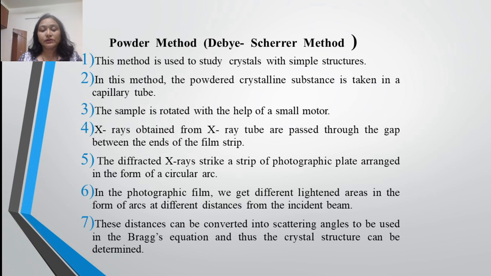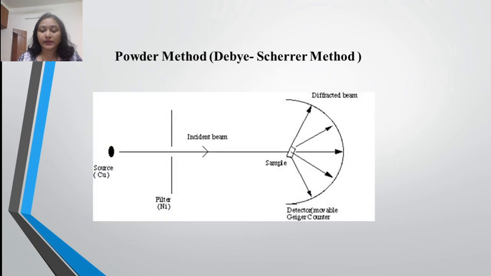Here also, the X-rays are obtained from an X-ray tube and are allowed to fall on the powder. These X-rays get scattered by all possible planes in all possible directions. They affect the photographic plate placed in a circular manner, and in this case there is no need to rotate the crystal as the diffracted beam falls on the photographic plate.